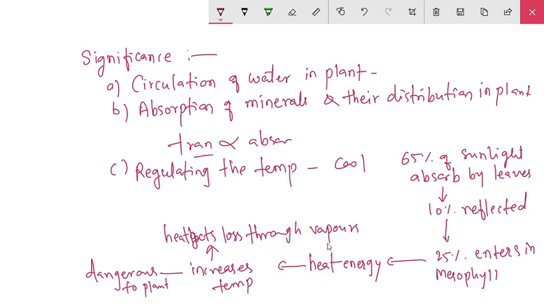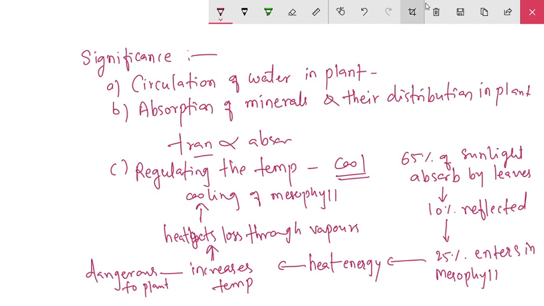When this water vapor is lost in the process of transpiration, it causes the cooling of the mesophyll cells. So transpiration helps to keep the plant in a cool condition.